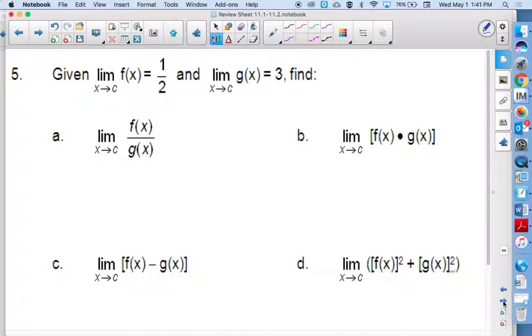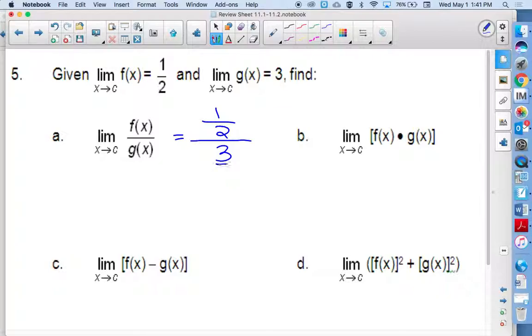You just take the limit, correct? So literally, you're taking the limit of f of x, which they tell you is a half. The operation is division, so if I'm dividing my functions, that means I also do the same thing to the limits: divide them. So we have 1/2 divided by 3.